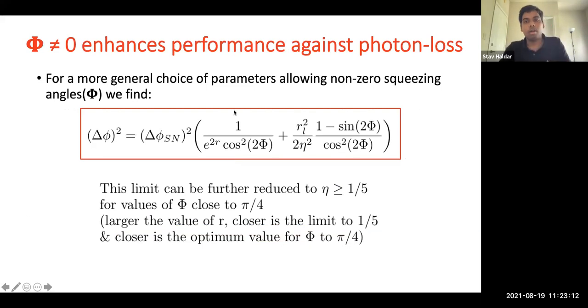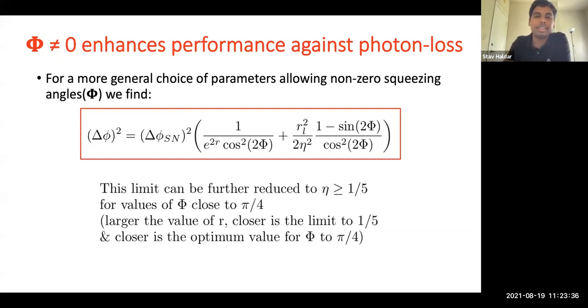So now what we tried was to remove this condition on phi and find a general expression for the phase sensitivity, because the photon number statistics we know depends on the individual angles theta 1, theta 2, and phi. So we also found an expression of delta phi square as a function of theta 1, theta 2, and phi.